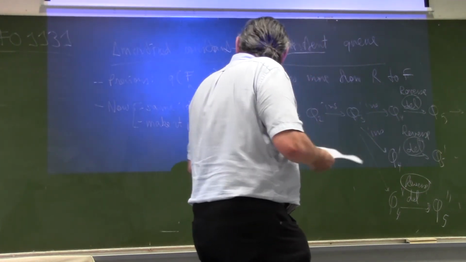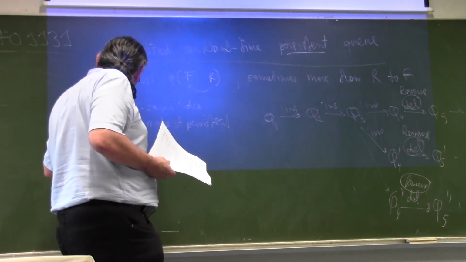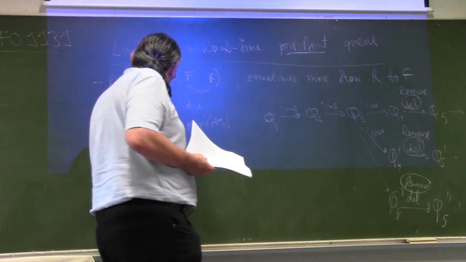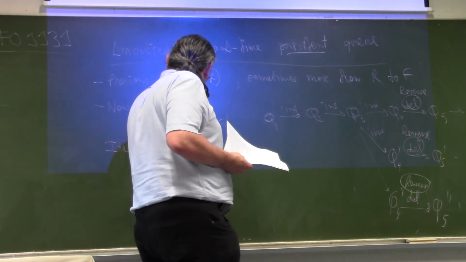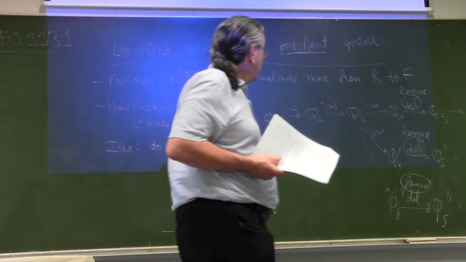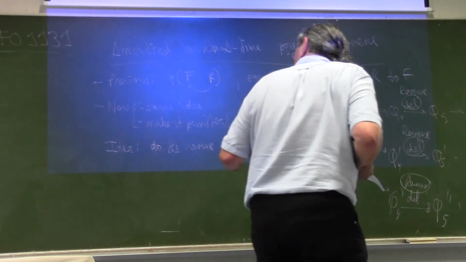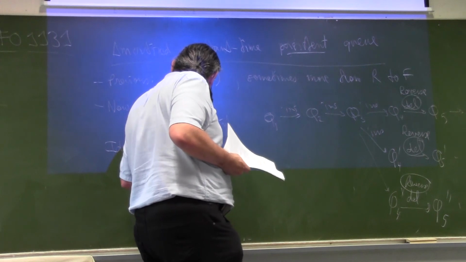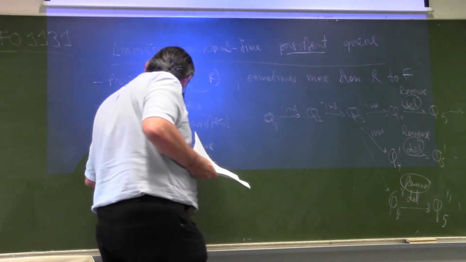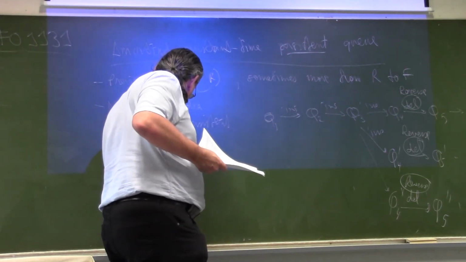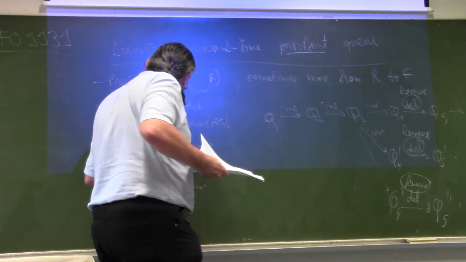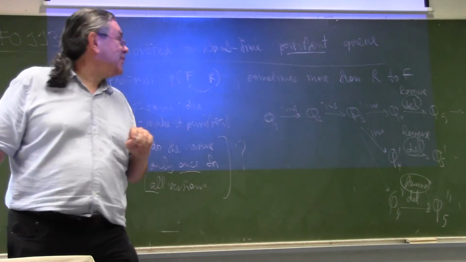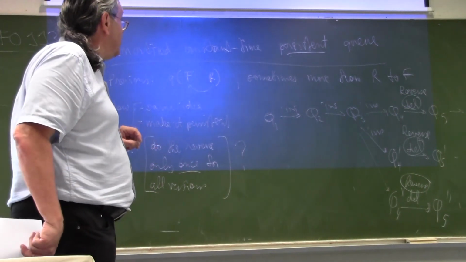So what's the trick? The idea is to do the reverse only once, or only once for all versions. How do we do that? That's actually a very subtle thing. How do we do the reverse only once?